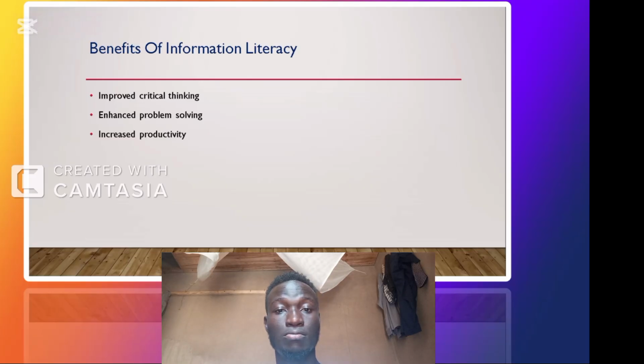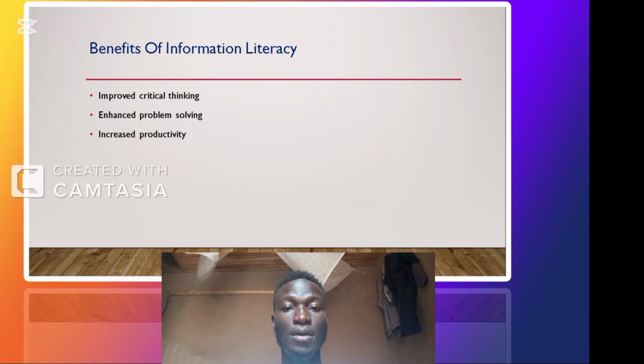It improves critical thinking, it enhances problem solving. In a school setting, for example, it enhances problem solving, because at times you can be given assignments. If you have the information literacy ideas, you can apply them and solve your problem to get the answers of the assignment that has been given.